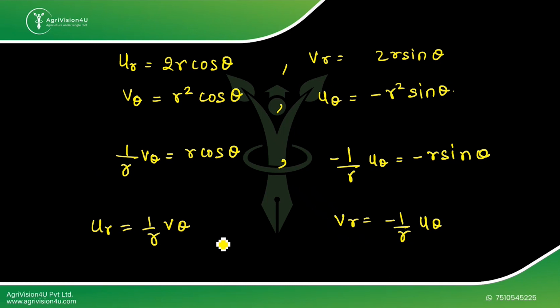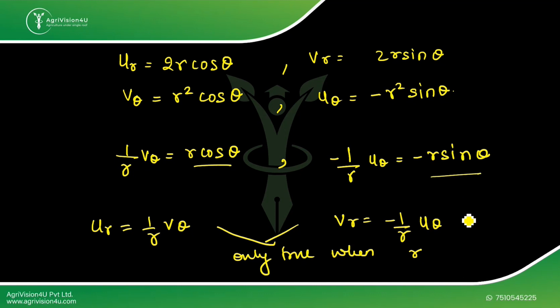It can be only true when simultaneously both of the values, which means r cos theta and r sin theta, are 0.